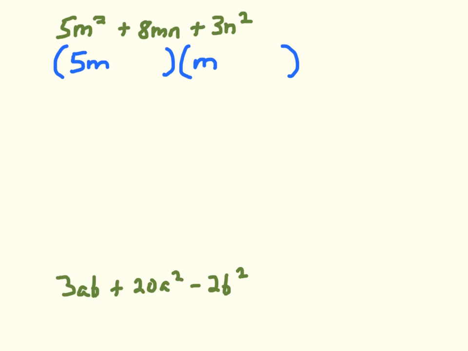So that means that I'm going to need plus signs there, and I know I'm going to need n's here and here to get this n squared and the L of my FOIL. I'm going to have something that generates this 3 though. Possibilities are 3 and 1 and 1 and 3. There really aren't many possibilities. Pretty sure it's not this one because that would mean that the 3 is right there, and that would mean it gets multiplied by the 5m and the 3n, but this is already below that, so that can't be it.